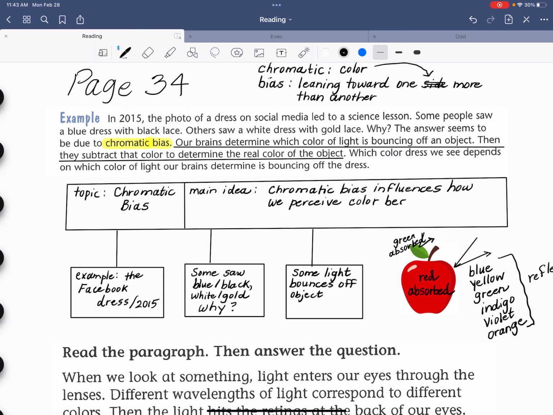Because different brains see different reflections.